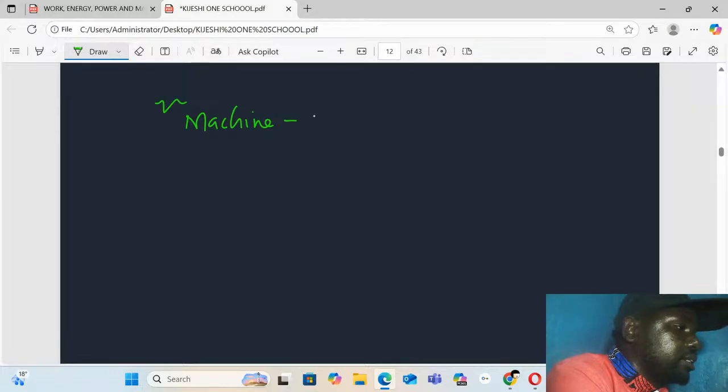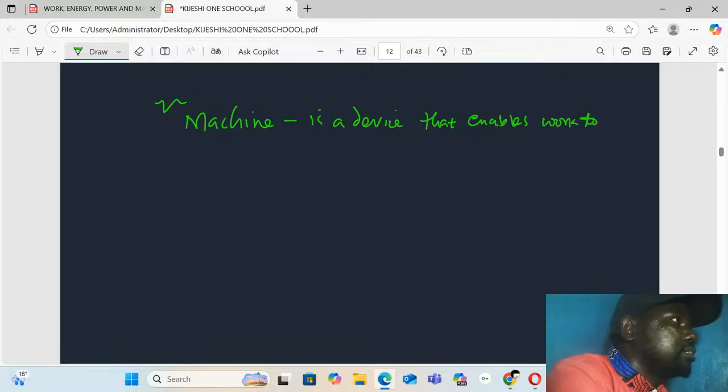A machine is a device that enables work to be done easily or with convenience.